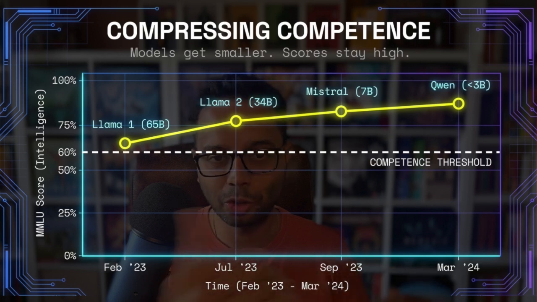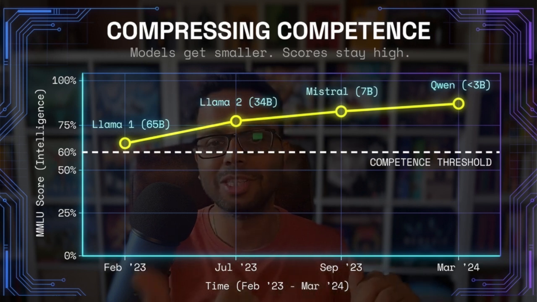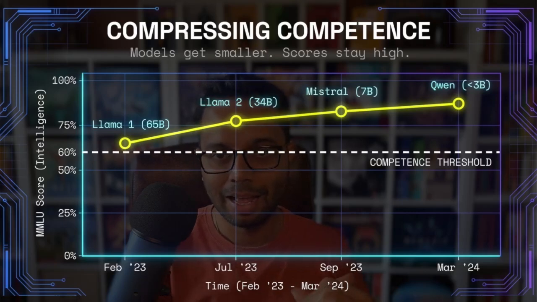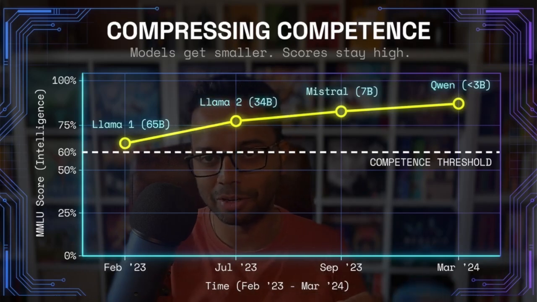But Llama 2, which was 34 billion parameters, scored more than 75%. Mistral 7B, which was even smaller, scored more than 83% in this benchmarking. And Qwen, which was 3 billion parameters or less, which came out in March 2024, actually did around 88%.